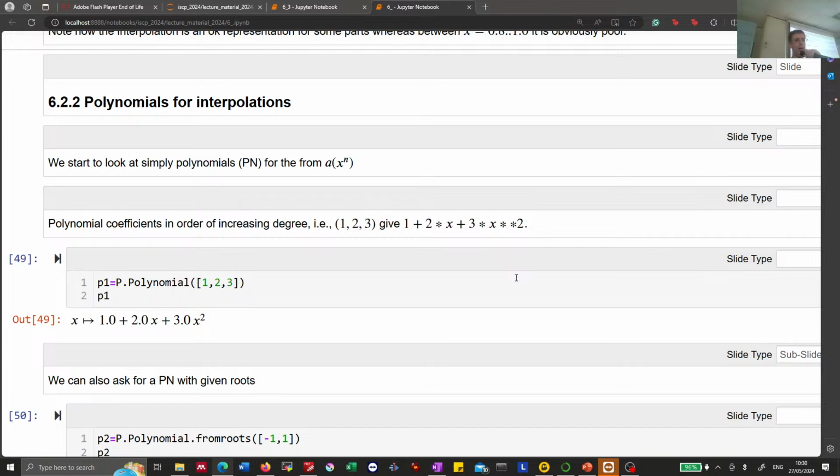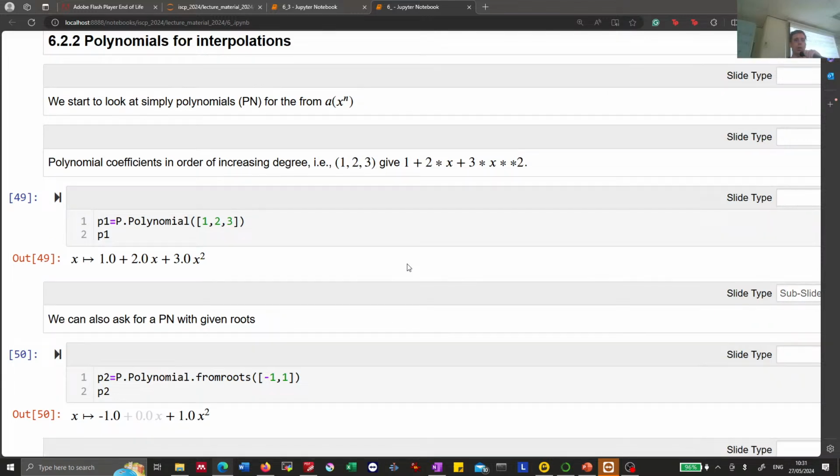There are special names for some interpolations with polynomials where we indicate the highest order in the name. For example, quadratic polynomial fit, cubic polynomial fit, and so on. So far, so good. Everything's still working? Yes, very nice.